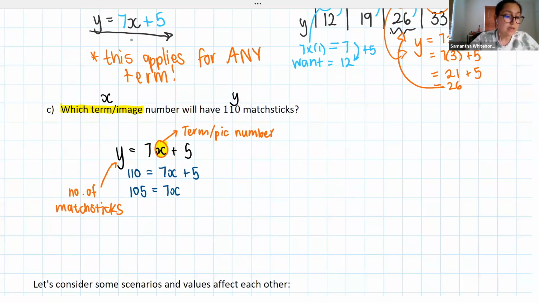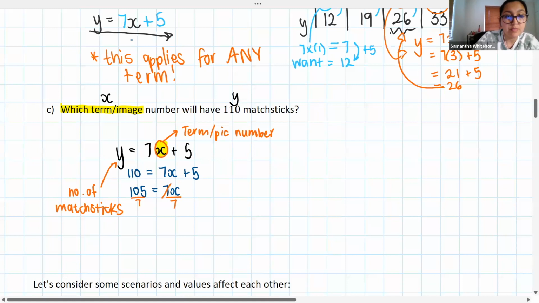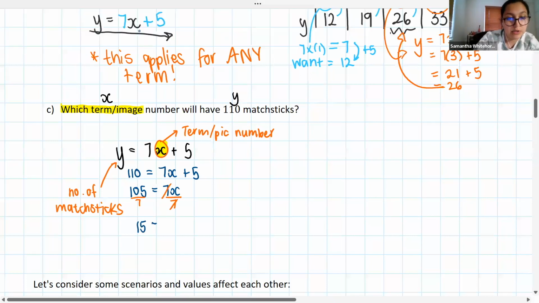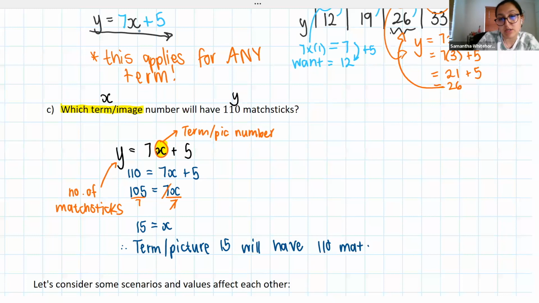Once I've done that, my next inverse operation is to divide both sides by 7, because remember, I want x alone. That's the point of solving an equation. So 105 divided by 7 is equal to 15. So what we now know is that term or picture or image, whatever you want to call it, 15 will have 110 matchsticks.